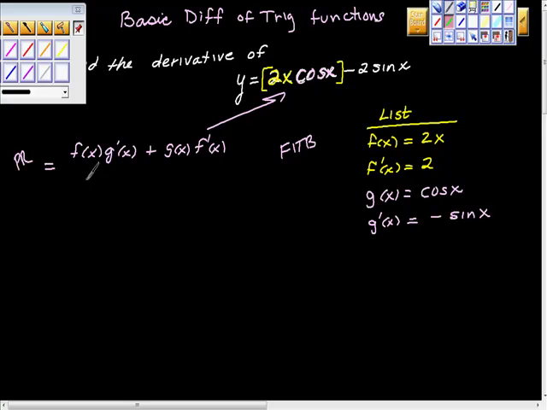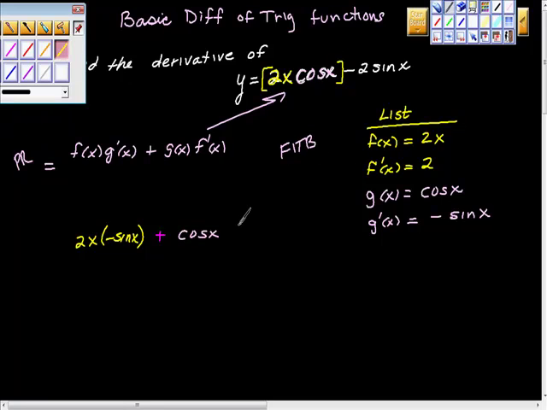So f of x is 2x, times g prime at x. G prime at x is opposite sine x. Plus g of x, which is cosine x, times f prime at x, which is just 2.